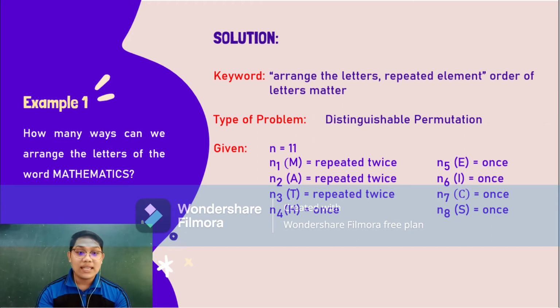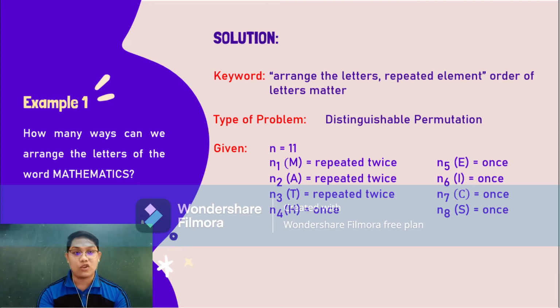Next, our n sub 2, letter A, is repeated twice. And also, our n sub 3, which is letter T, is repeated twice. Our letters H, E, I, C, and S all just appear once.